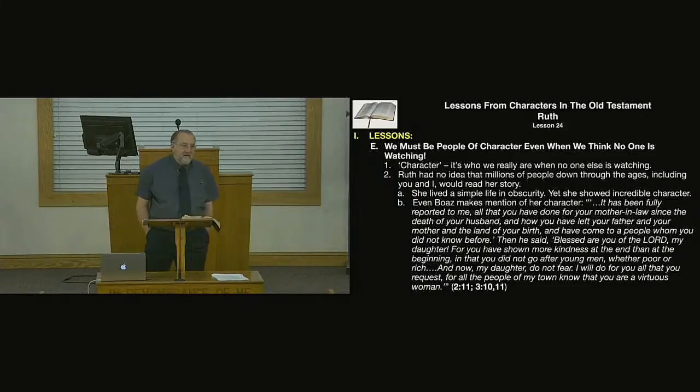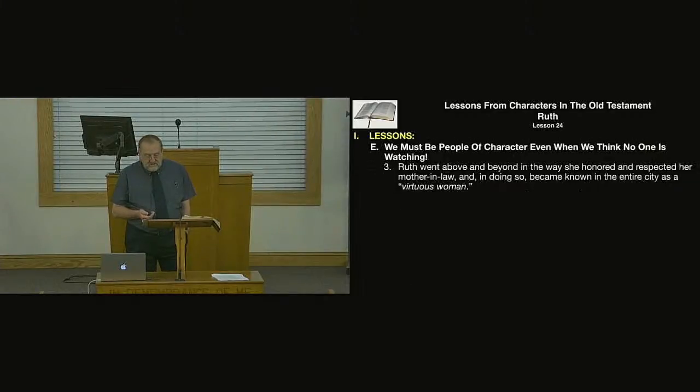So what better things could have been said about Ruth than what Boaz just expressed here? You see, Ruth went above and beyond in the way in which she honored and respected her mother-in-law. And in doing so, she became known in the entire city as a virtuous woman.